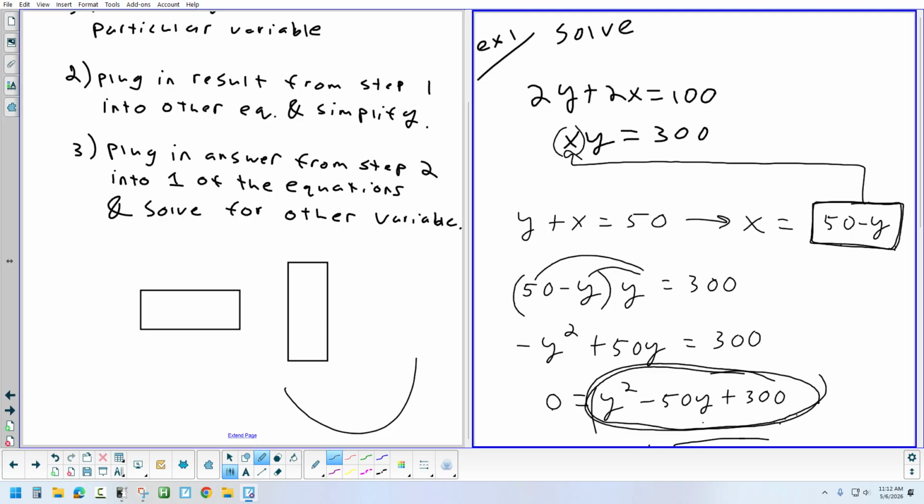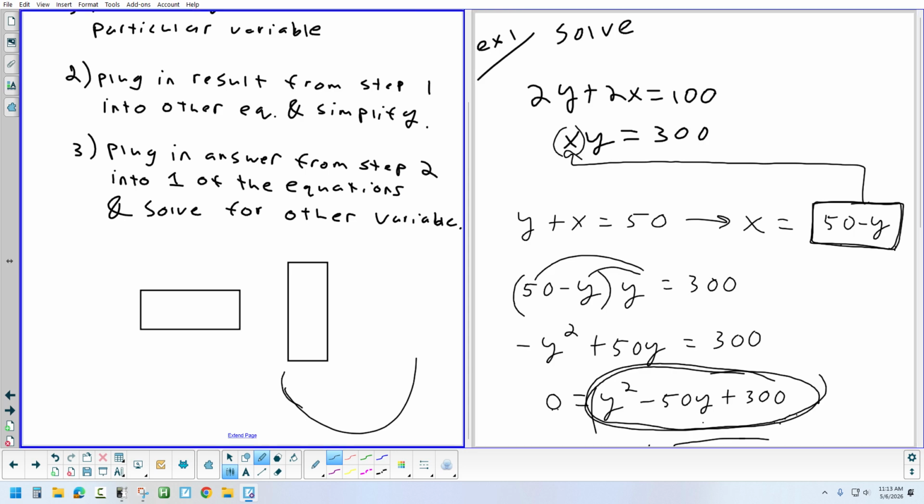What kind of shape is a constant if you type in y equals a number? What does that look like on the calculator? Yep. That would be a line.